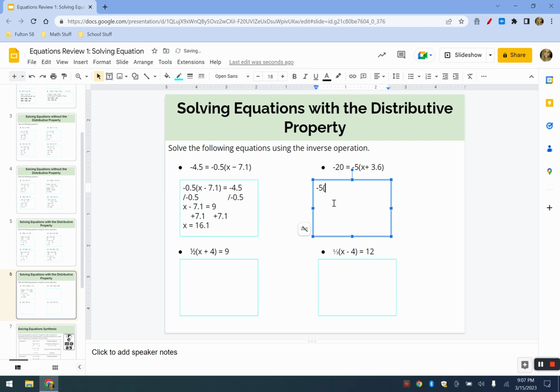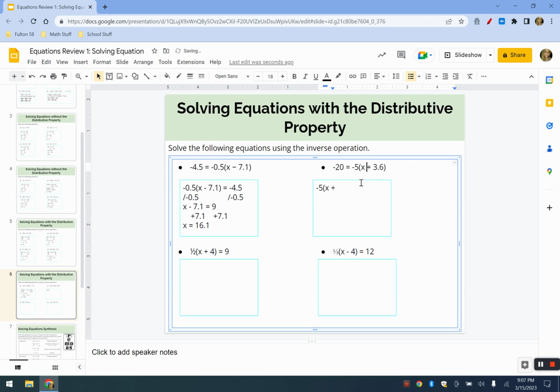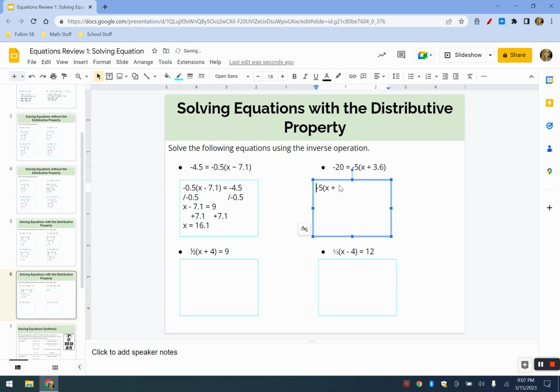Next, rewrite this with our total in the back, 3.6. And that equals negative 20. Start by dividing by negative 5. I'm left with x plus 3.6 equals a positive 4.